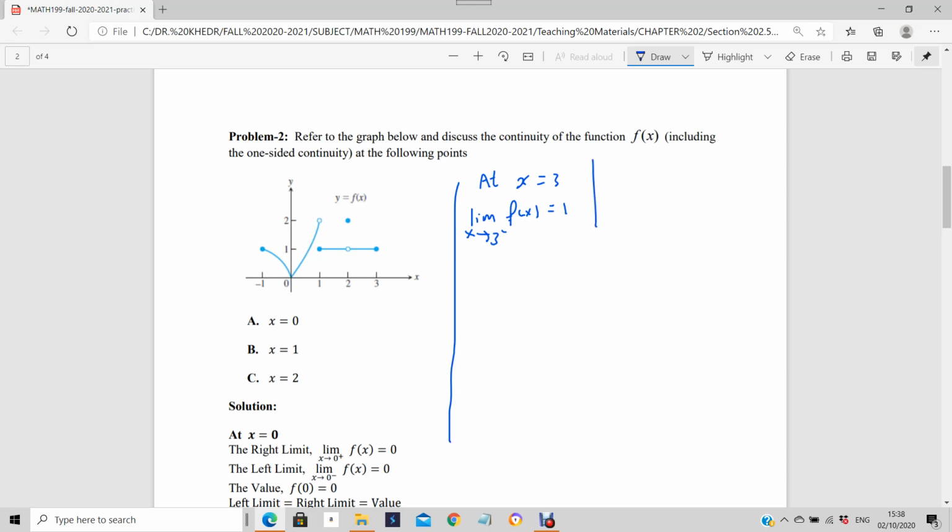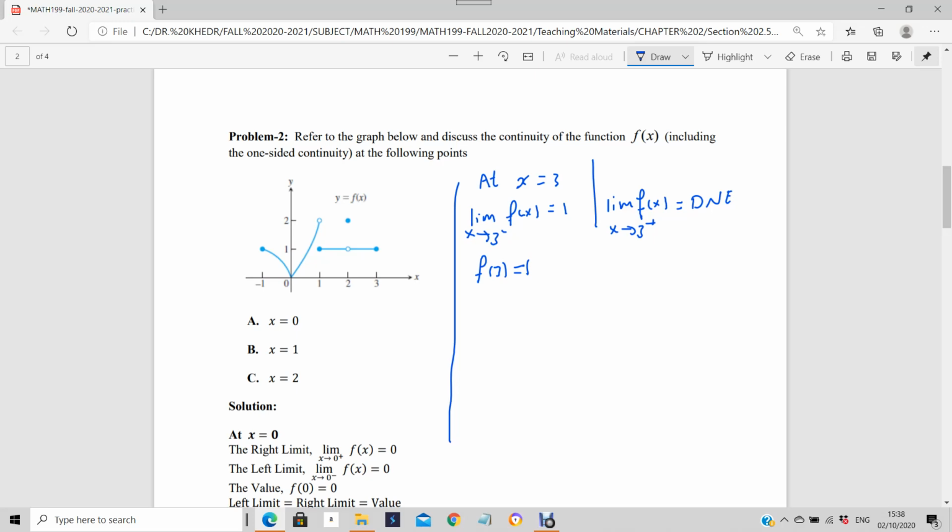The limit from the right side is undefined, does not exist. Why? Because the function is undefined. So this is the right endpoint. So the left side limit is 1, and the right side limit does not exist. The value of the function f of 3 equals 1 because there's a closed circle here. So the whole limit does not exist, but the one-sided limit, the left side limit, is 1, and the value of the function is 1.